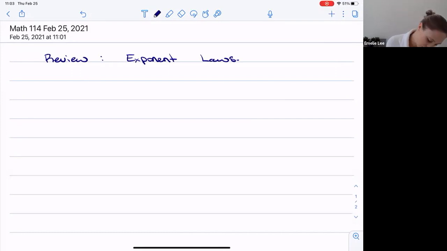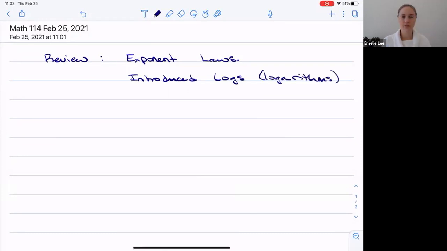Then we introduced logs, or logarithms, as a way of solving for x when it's in the exponent.